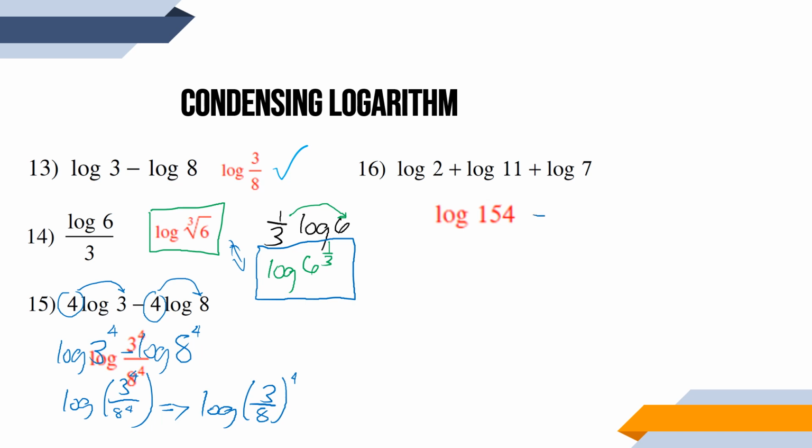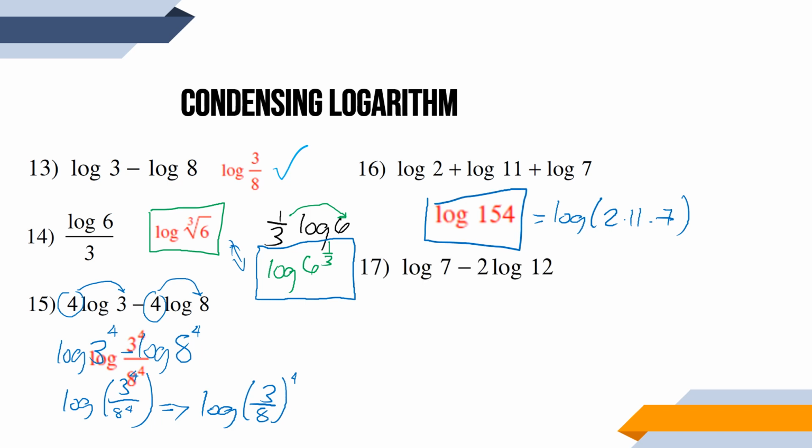Why is it 154? Because we have log of 2 times 11 times 7. So 2 times 11 is 22 times 7 is just 154. So again, we have log of 154 as our answer.